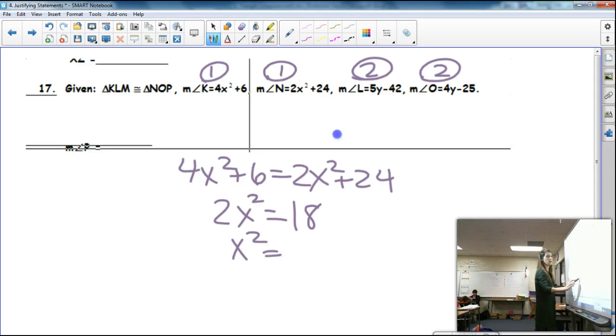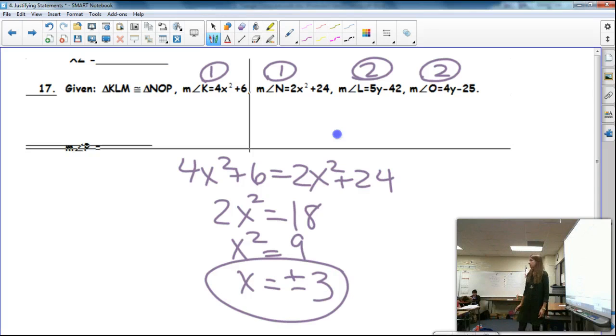X squared equals 9. X equals plus or minus 3. Oh, is that how you're supposed to do it if it's squared? When you take a square root, you have 2 answers, positive and negative. That's how you do it. Square root of 9. That's the opposite of squaring is square rooting. I promise, just trust me.